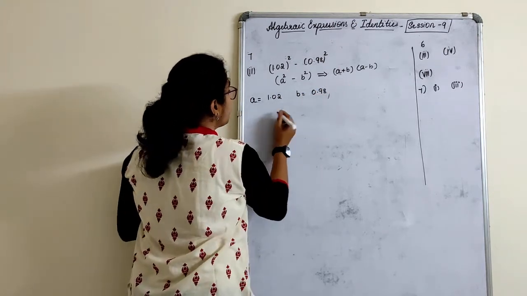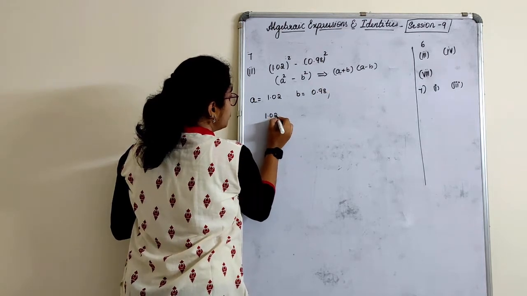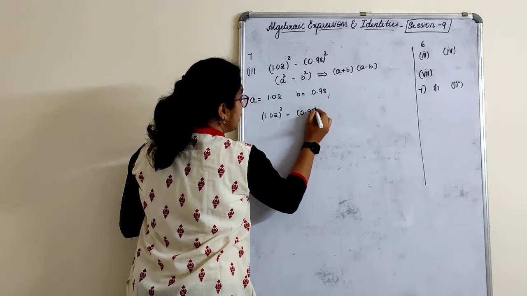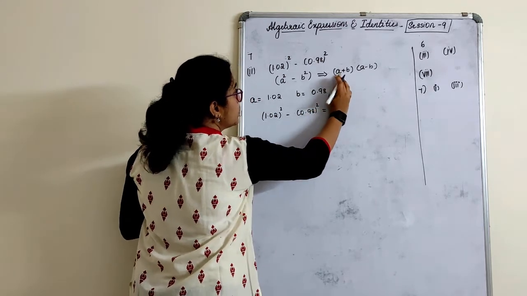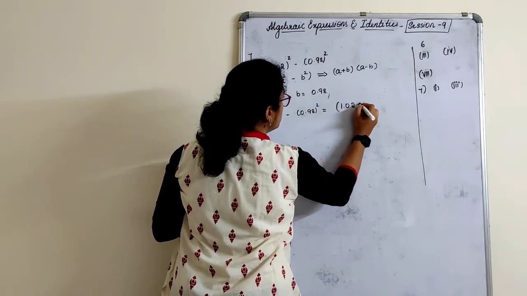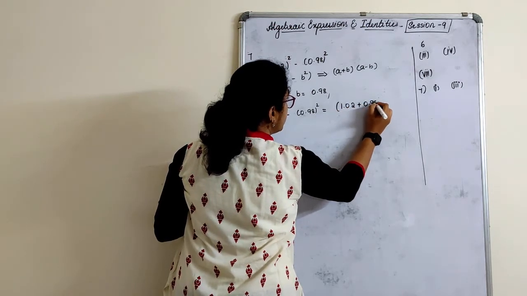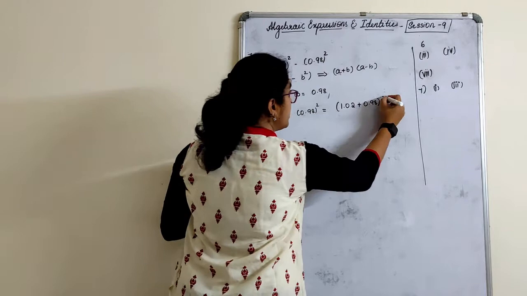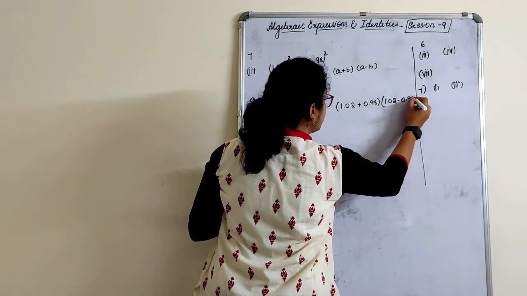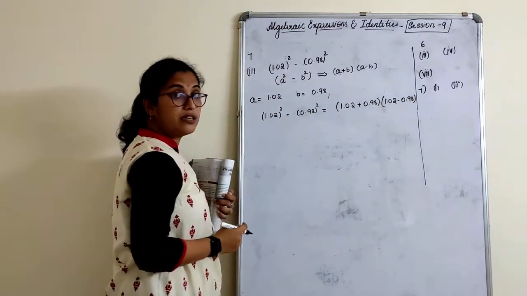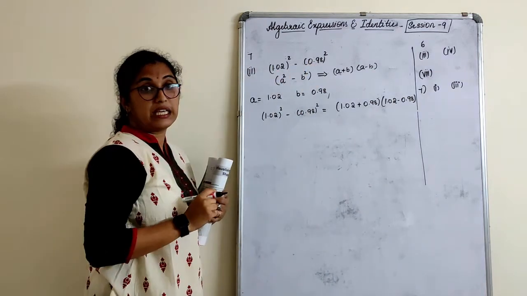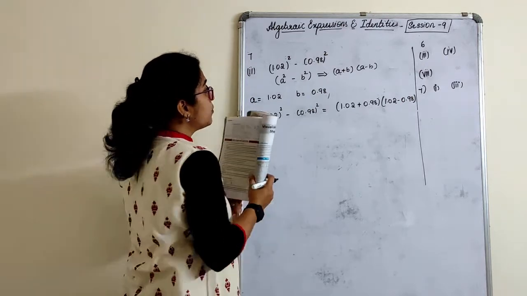Okay? So 1.02 whole square minus 0.98 whole square is equal to a plus b, that is 1.02 plus 0.98, a plus b, 1.02 minus 0.98. Understood here what you are doing? This itself is a, this itself is b. A square minus b square.